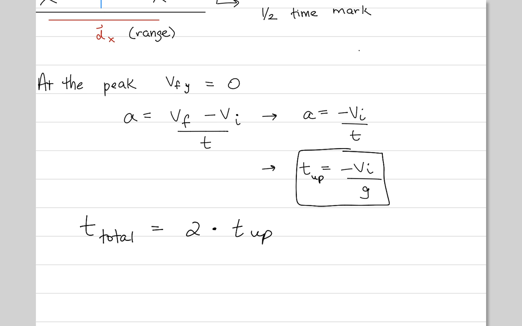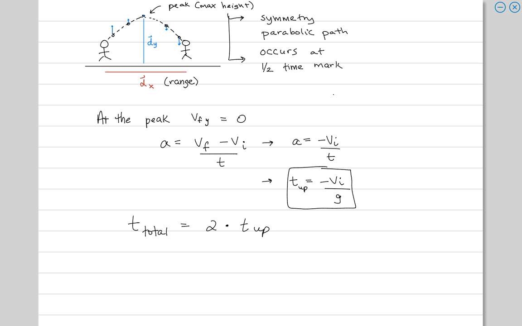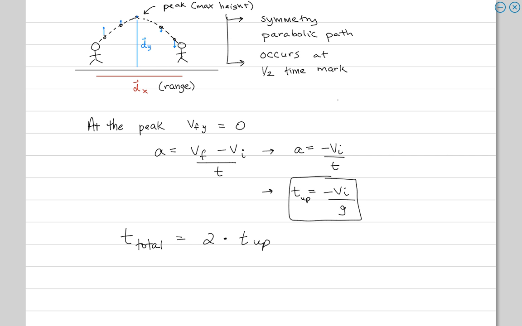It's just the negative of the initial velocity divided by negative 9.81, and that will give you the time to get up to the maximum height. And if you wanted the total time, you would take this value and scale it by 2 because it's halfway. Okay, any questions on that? Can I move on?